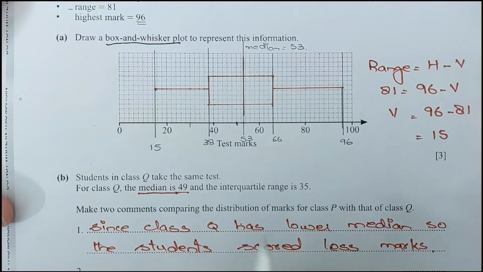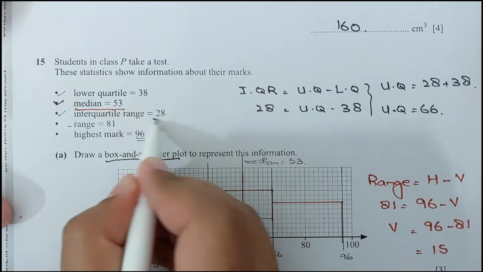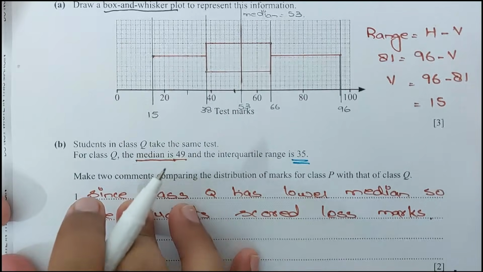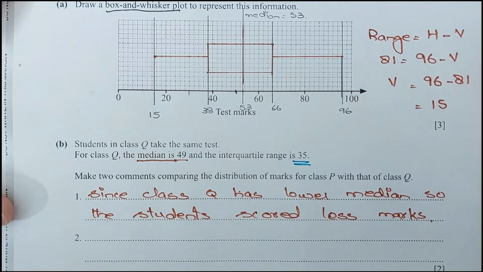The second comment is on the interquartile range. Since the interquartile range here is 35 and here the interquartile range is 28, class Q has the highest.